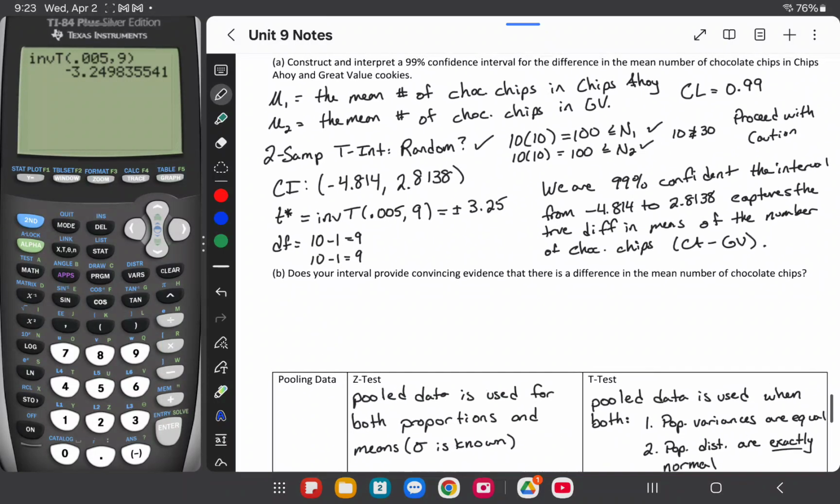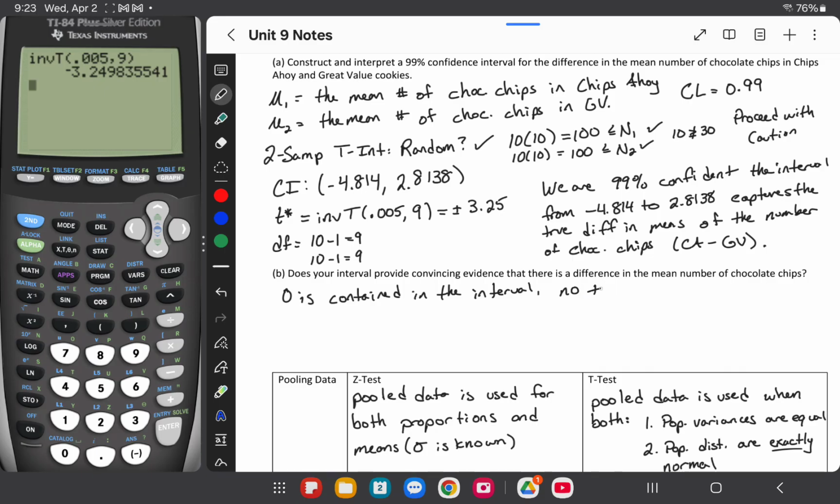Does our interval provide convincing evidence that there is a difference in the number of chocolate chips? Remember, what this is asking is, is there the possibility that there is no difference? In other words, is 0 contained within our interval? And the answer is, 0 is contained within our interval. So does this provide convincing evidence?